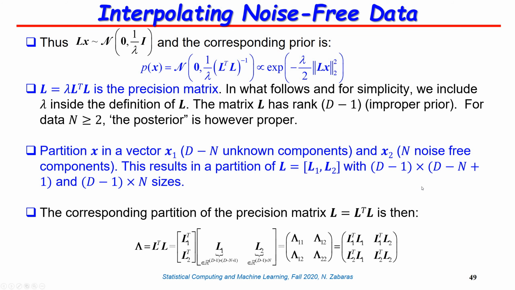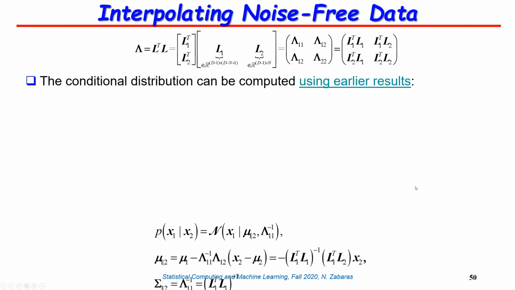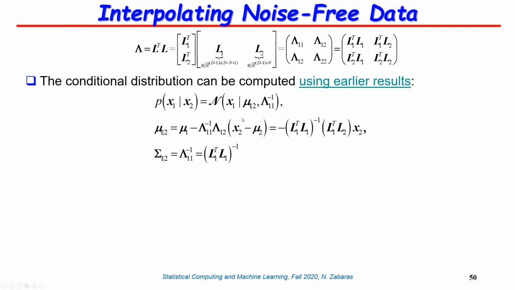We derived before the conditional distribution of x1 given x2. So I'm going to cut and paste the previous formulas, which for your convenience are given here, and substitute lambda 1,1 and lambda 1,2 from the previous derivations in terms of L1 and L2. And here is the answer.